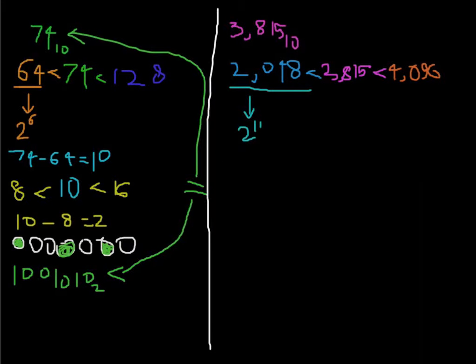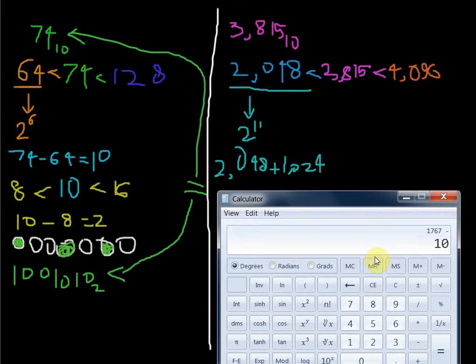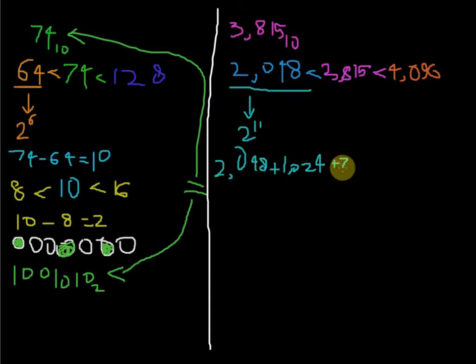So why don't we just write all of them down here? 2,048 plus, this is enough to fit 1,024 in. Then if we subtract 1,024, we get 743. So we'll get 512.